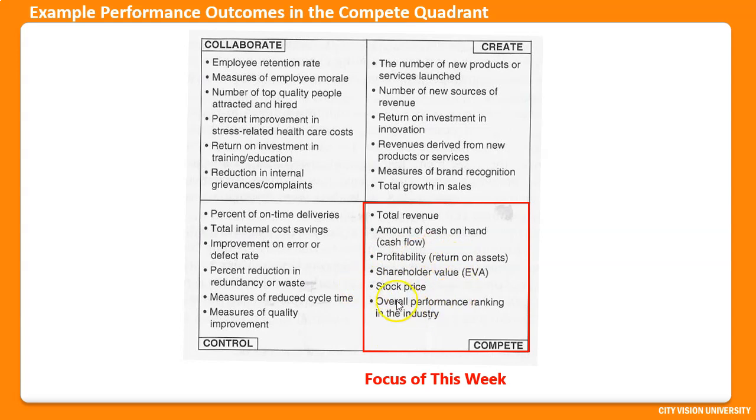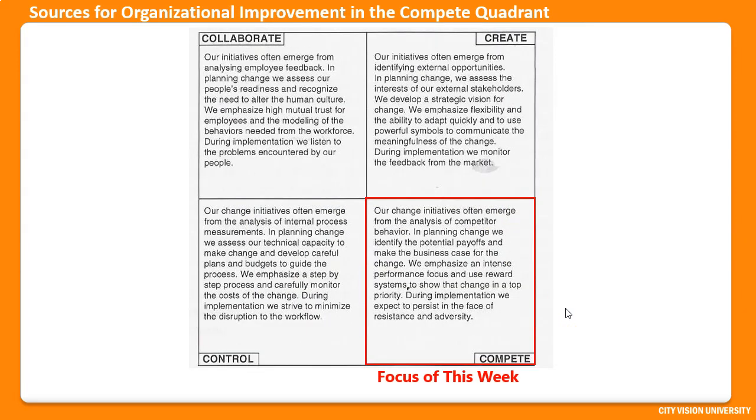Nonprofits don't have stock price or shareholder value. But there is kind of a ranking in the industry. So often people in this quadrant are, one of the analogies to use is the athlete. It's people who are very competitive, and could be both relational and competitive.